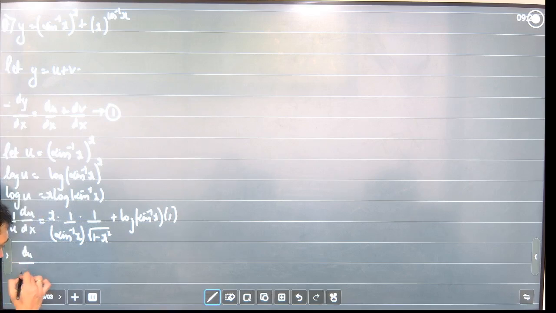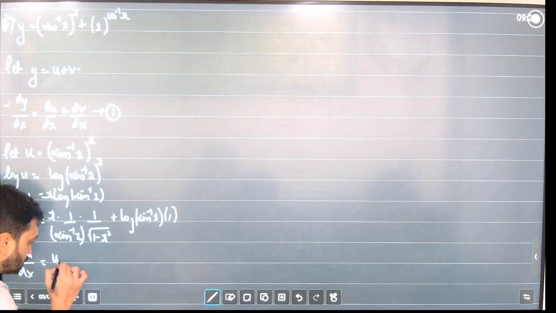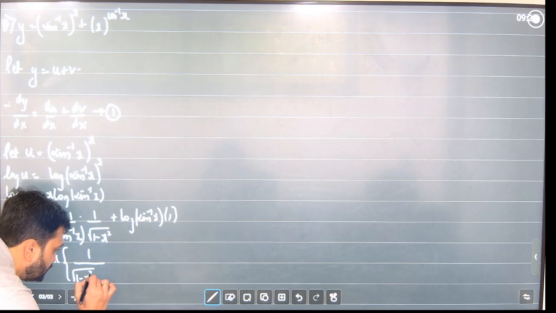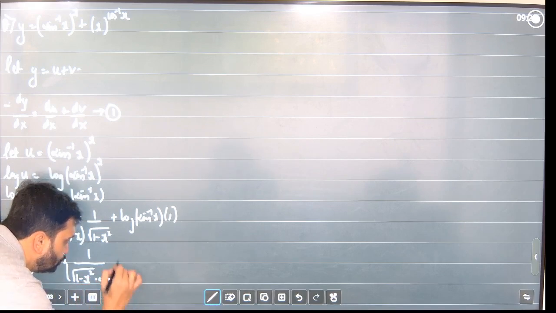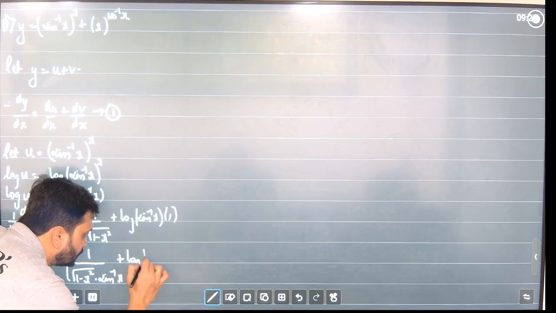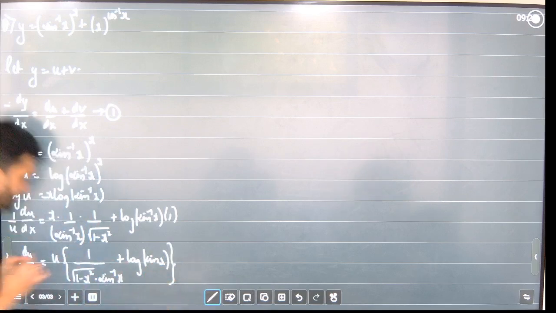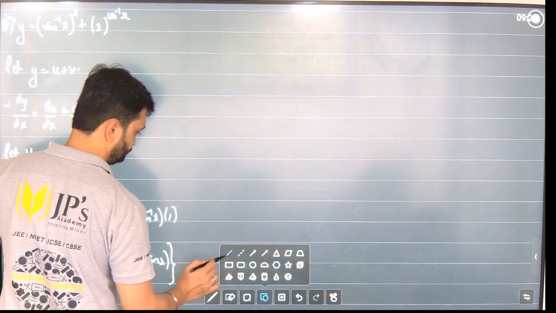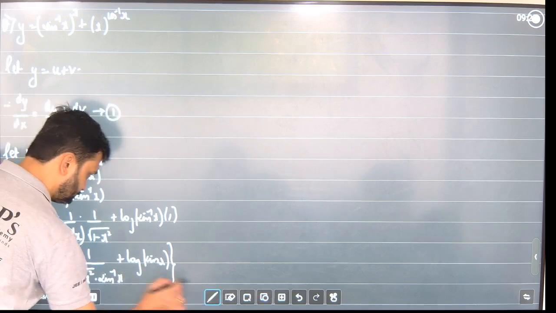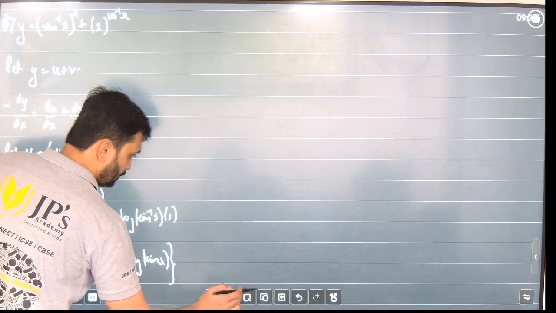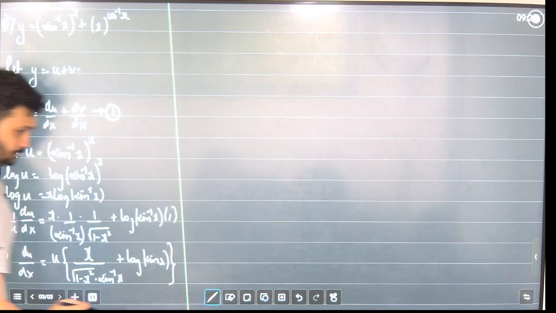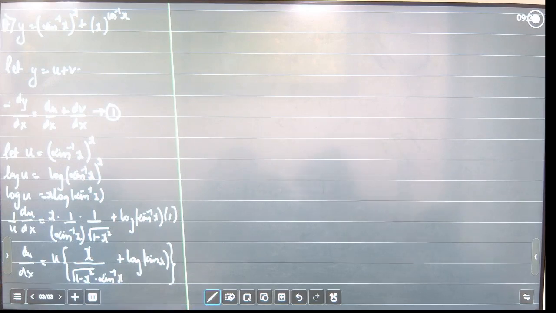Therefore du by dx will become, u will go on that side, so this will become u into 1 upon root of 1 minus x square into sine inverse x plus log of sine inverse x.